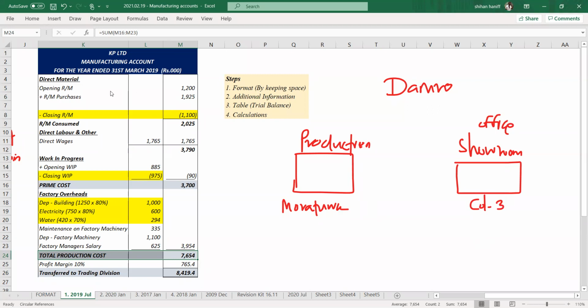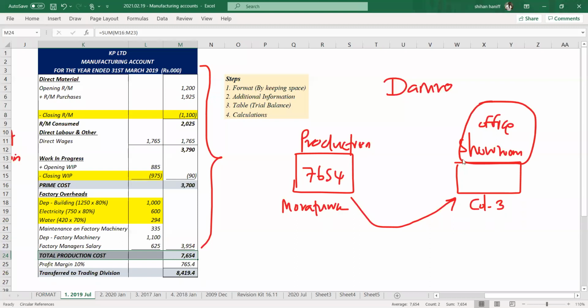In the production department only we do this production. So they calculate the total production cost, 7,654. Now they need to transfer this to the trading department. Trading is done in the showroom. When they are transferring, they keep a profit margin, a profit of 765.4.